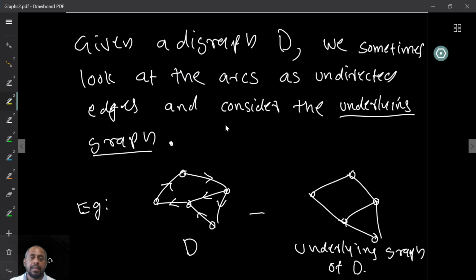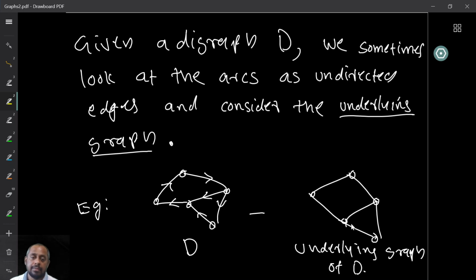Now, given a digraph, we sometimes look at the arcs as undirected edges and then talk about the underlying graph. So when you have a directed graph, let us just look at this graph, but not look at the directions. We will just consider that these are not directed edges; these are just plain edges. Then we get this kind of graph which we call the underlying graph. It has the same structure, but the directions are not present.